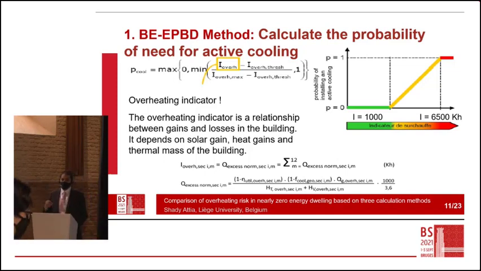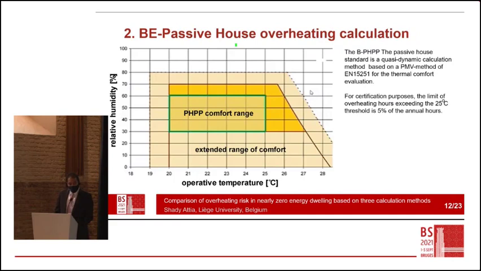If it exceeds, the software will automatically take into account a scenario as if there were active cooling, and it will penalize the total primary energy result at the end, which forces designers to consider reducing the solar gains, or in general the solar and internal gains.